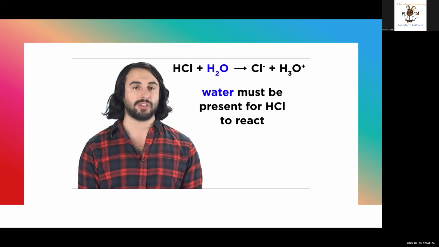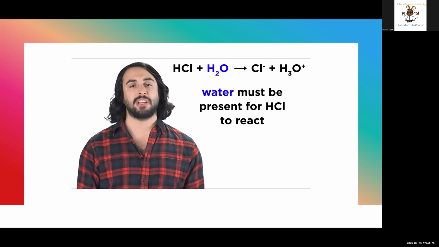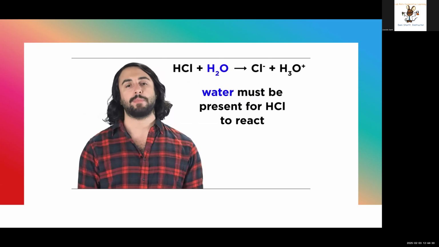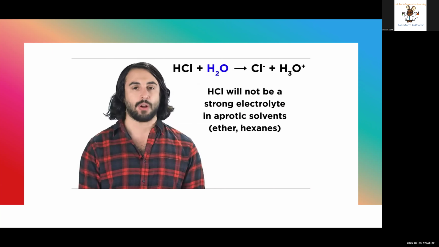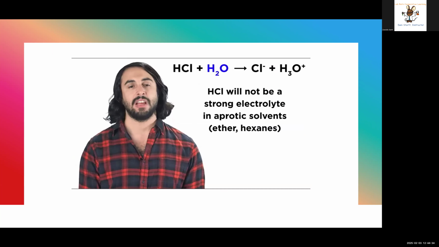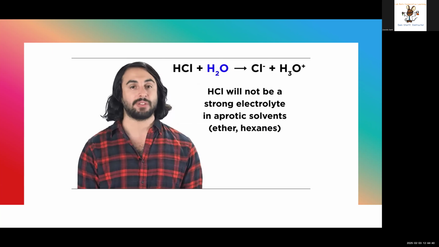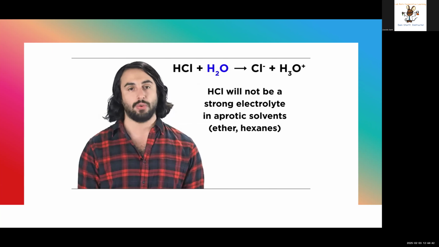Of course, the identity of the solvent plays a big part in this, as in order for hydrochloric acid to donate a proton, something must accept that proton. So, if hydrochloric acid were to be placed in an aprotic solvent like ether or hexanes, this would not result in an electrolytic solution, as these solvents can't accept any protons the way a water molecule can.